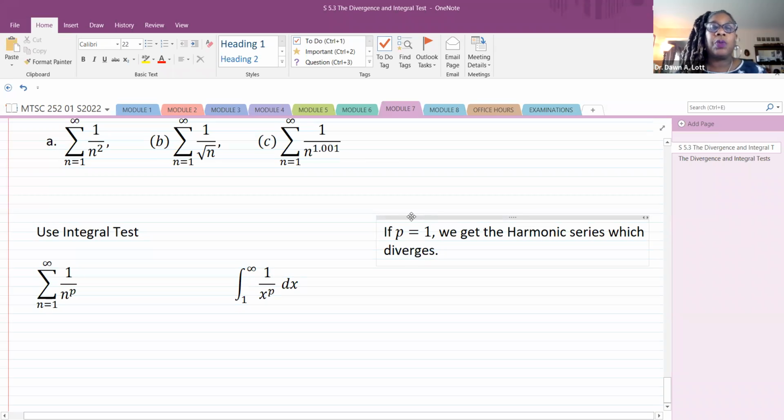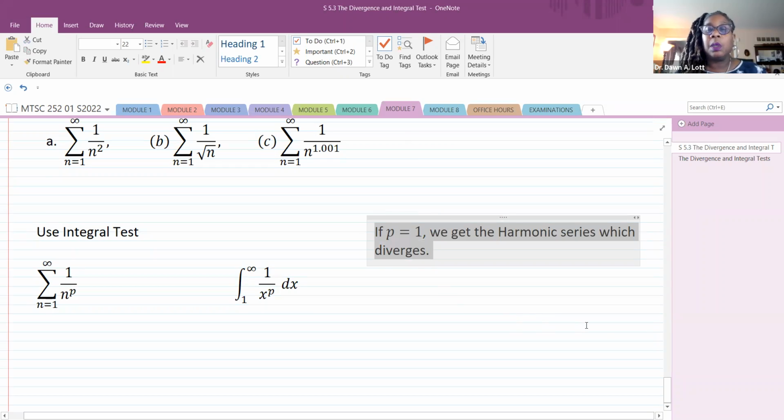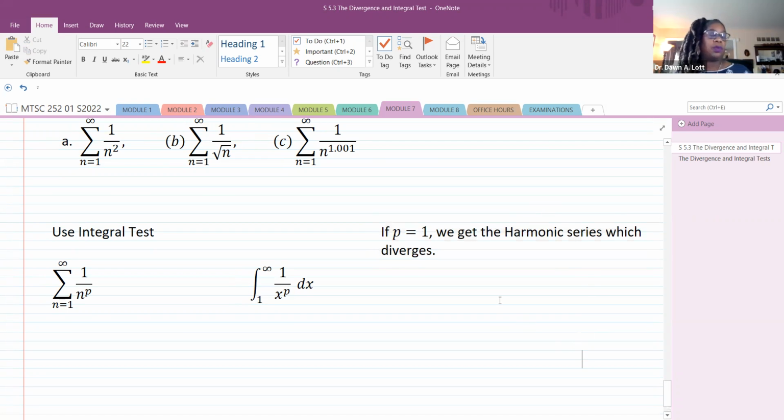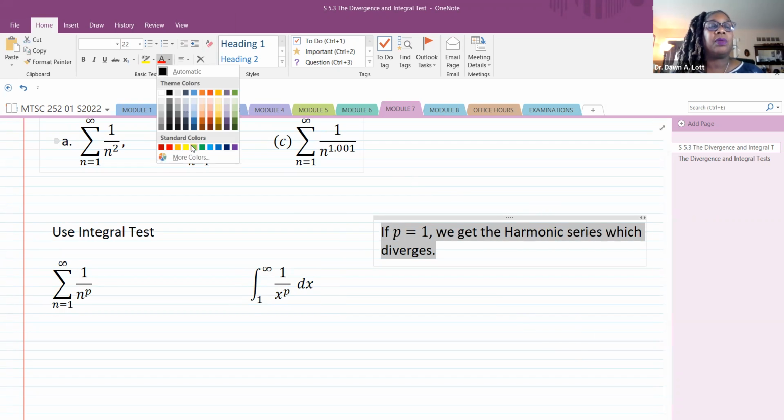So we don't know anything else yet, but we know the series diverges if p is equal to 1, because the harmonic series diverges. Now we need to see what happens for p less than 1 and p greater than 1.